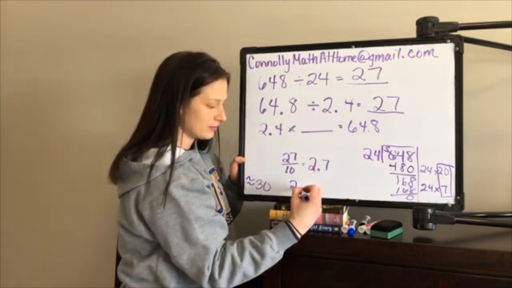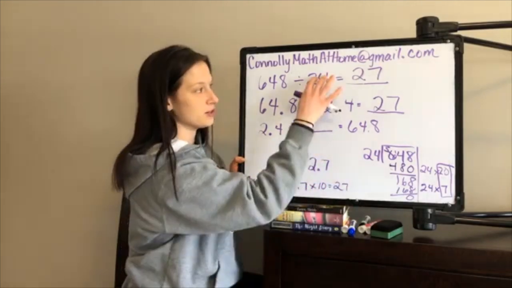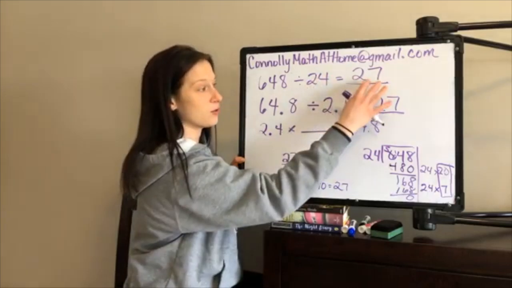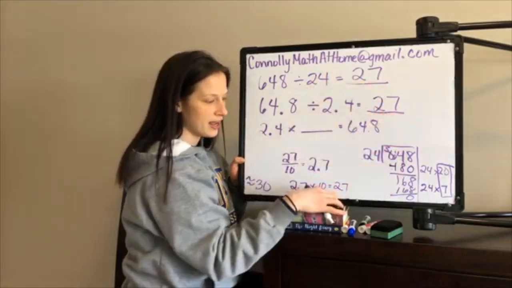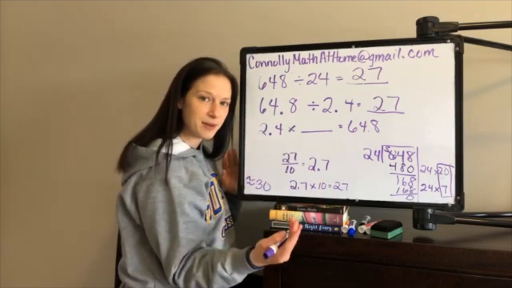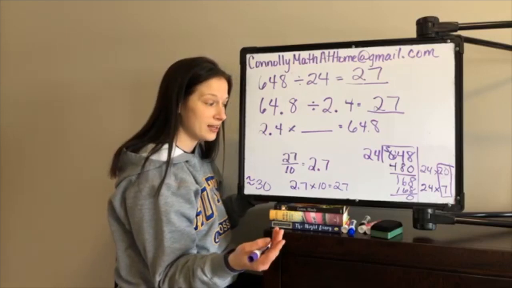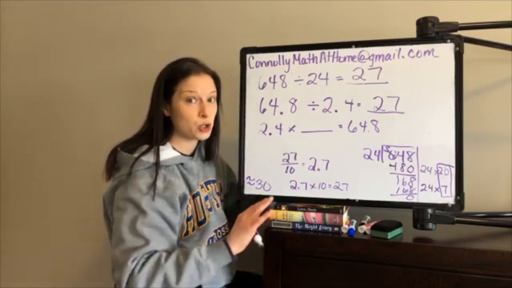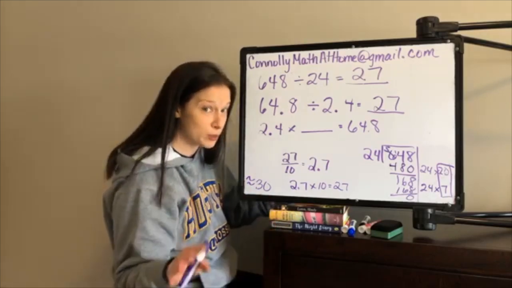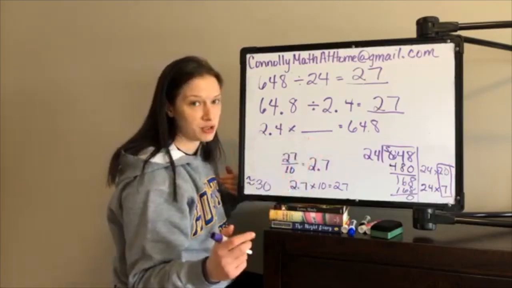And I know if I did 2 and 7/10 times 10, because when your divisor gets 10 times smaller, your quotient gets 10 times larger, I'd be back at 27. So if I divide by 10 and multiply by 10, I'm back where I started. We just want to triple check that our answer makes sense. So we're going to use multiplication to double check.